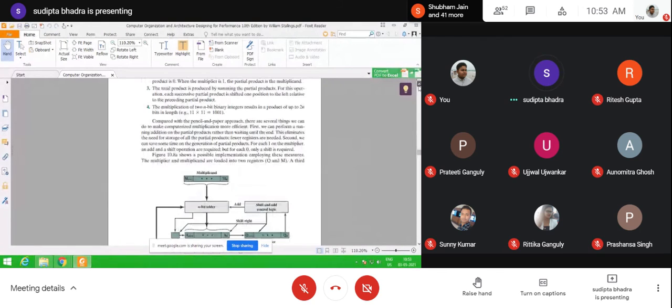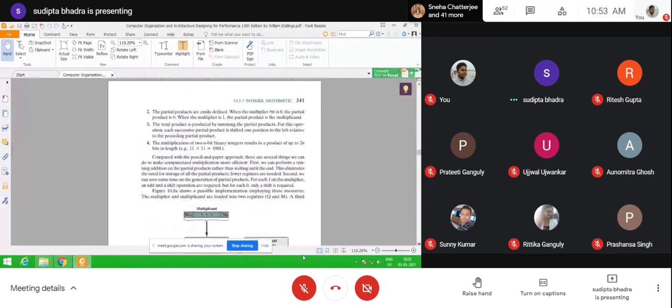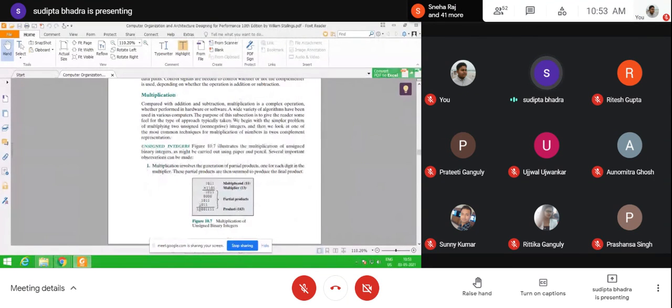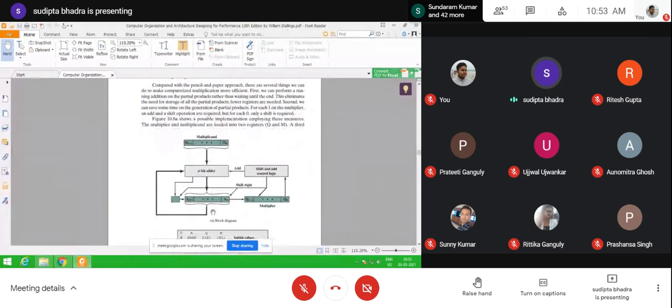In case of multiplication, two 4-bit numbers generate a product of 8-bit length. So this shifting facilitates that: you are shifting the bits so that the ultimate result has 8 bits, from 4-bit numbers.